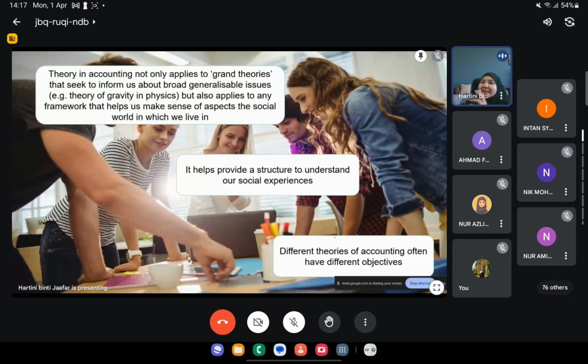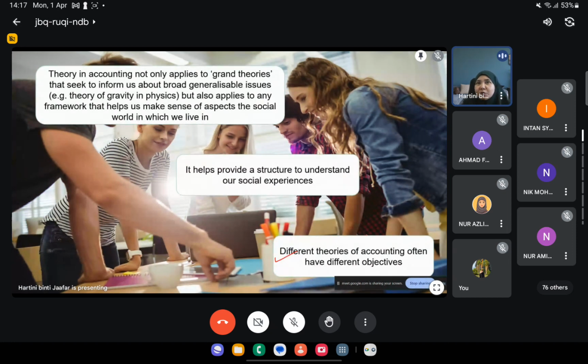So it satisfies the second objective, which is to help predict about any accounting activities or events that they are interested in. Okay, so because of that, you can see that different theories of accounting will have different objectives. So because one theory, same thing, one size does not fit all.